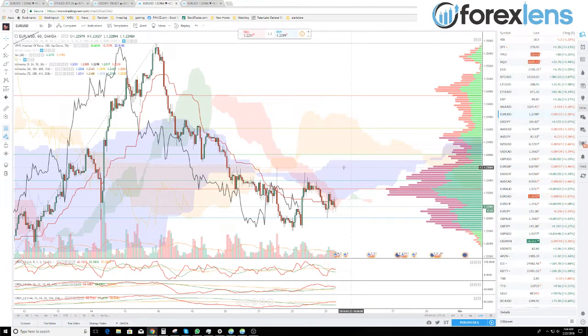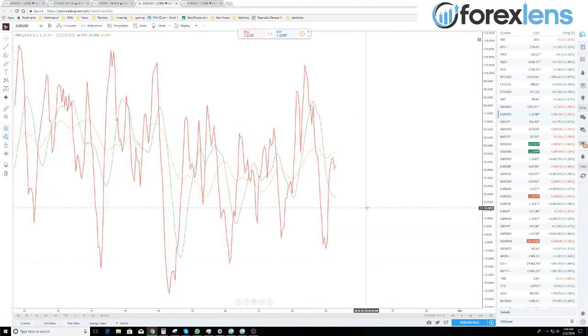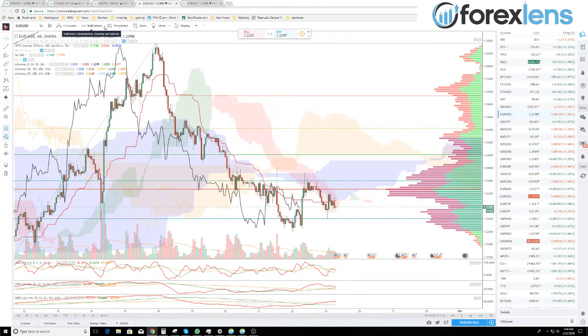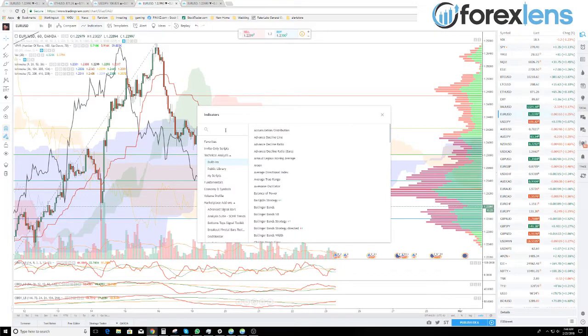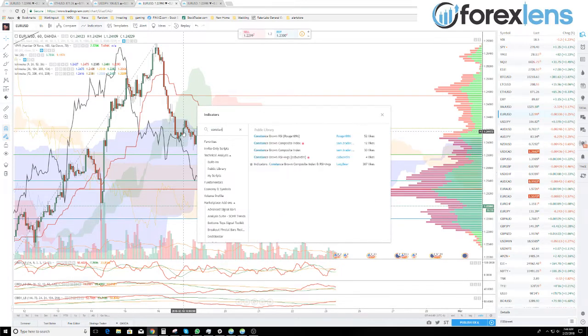We'll look though. But we're going to be using this, and then I use 3 of the same oscillators. Composite index. Again, you could use the RSI if you wanted. For the composite index you just type in composite, and it's the Constance Brown Composite Index by Lazy Bear.